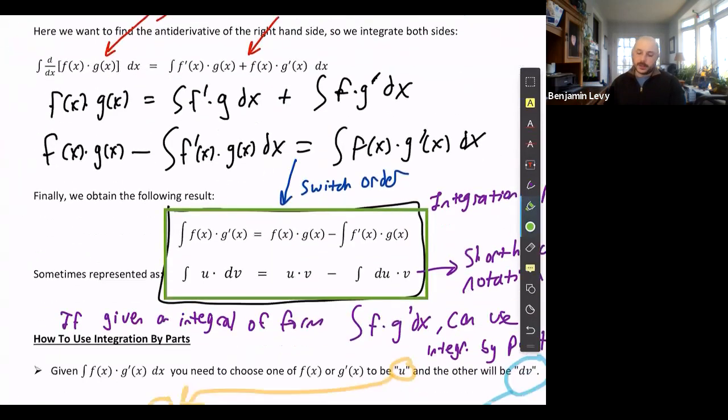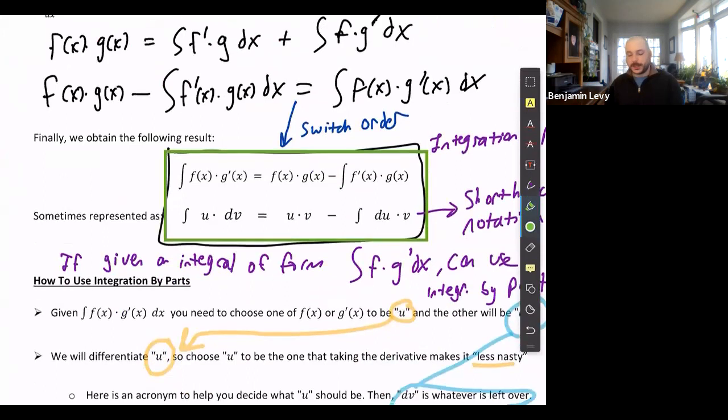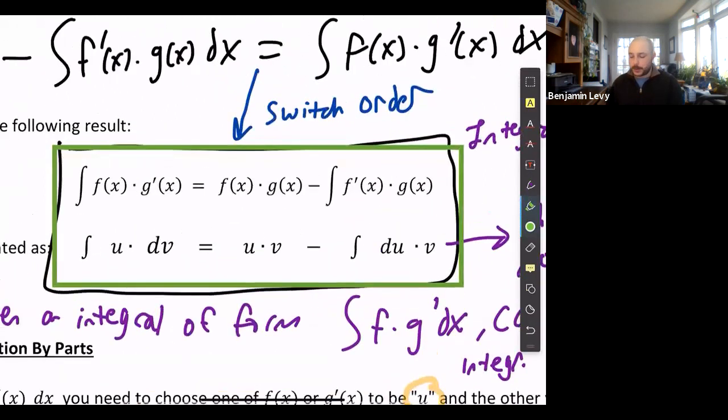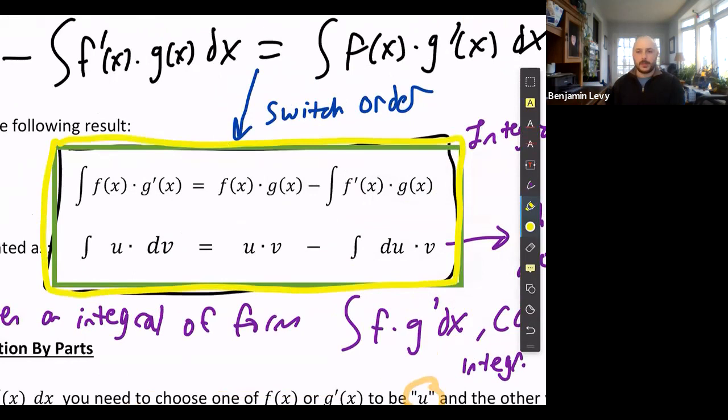And the top part here is kind of summarizing the method a little bit. The kind of important part, I would say, is the thing I've boxed in twice now, which I'll throw a third box on. Maybe now it's really important, which just summarizes the way that the method works, right? So you're given something that looks like the left-hand side, which I've now circled. You identify u, and I'll remind you how to do that. dv is whatever else is in there.